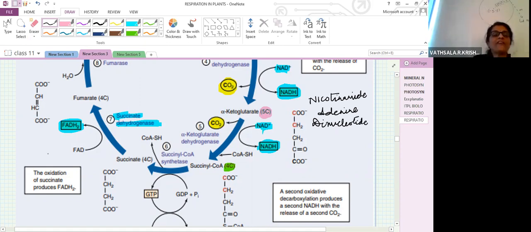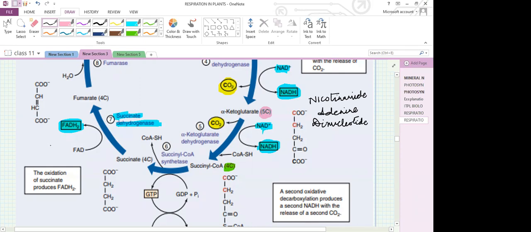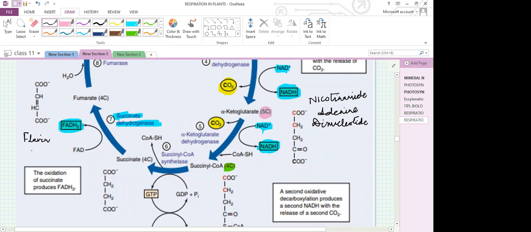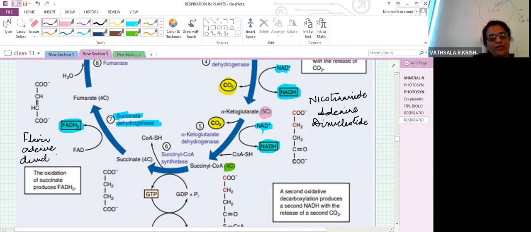Now, what is FAD? Flavin, a vitamin derivative, riboflavin. Yes, flavin adenine dinucleotide. So these are all energy precursors.